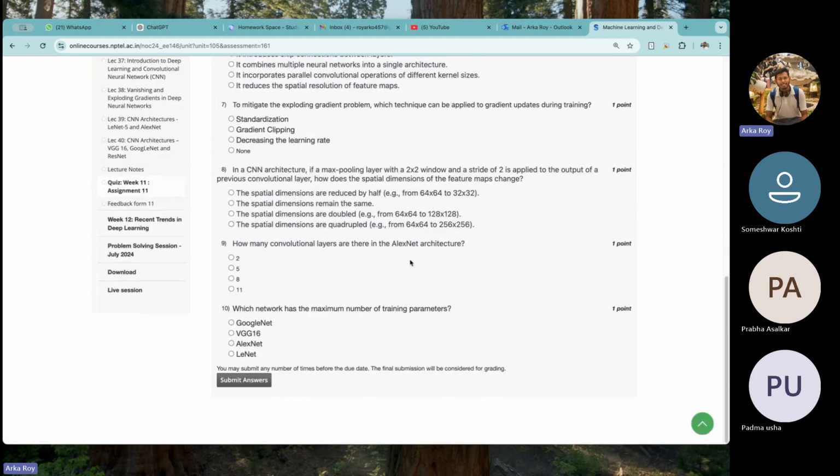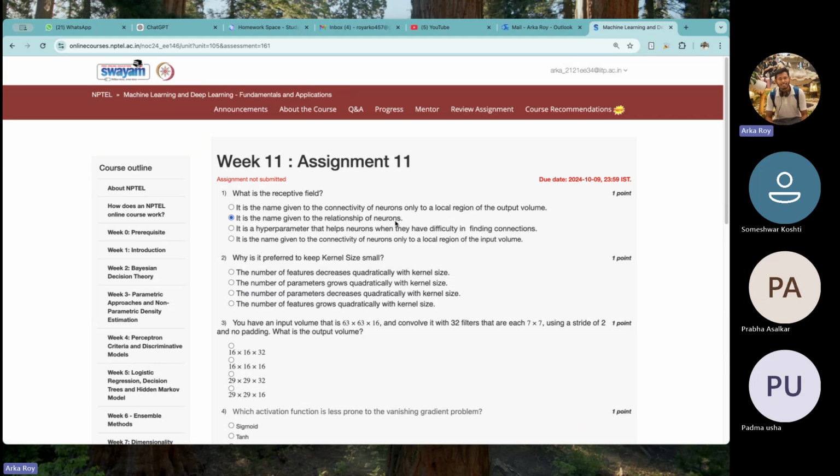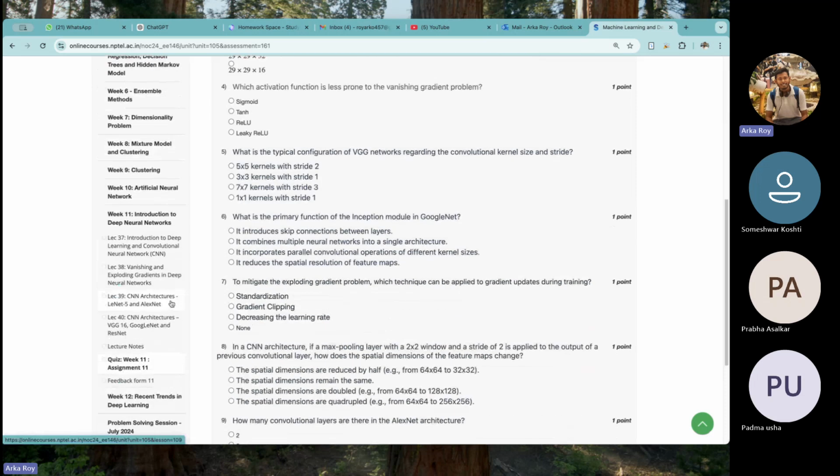And then we'll also see how to implement VGG 16 or AlexNet, LeNet, etc. on the Google Colab platform, because theoretical knowledge is very important, that's for sure, but you should be able to implement these algorithms in real life scenarios and real life data sets as well.